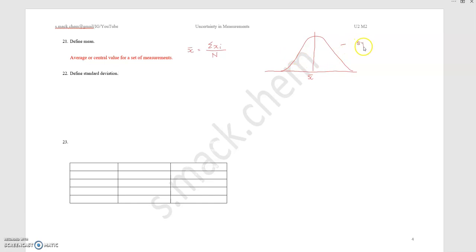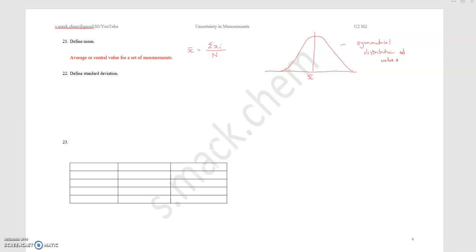And this is what we refer to as a symmetrical distribution of values. Keep in mind that when you calculate mean for a set of experimental values, it should also have a unit.